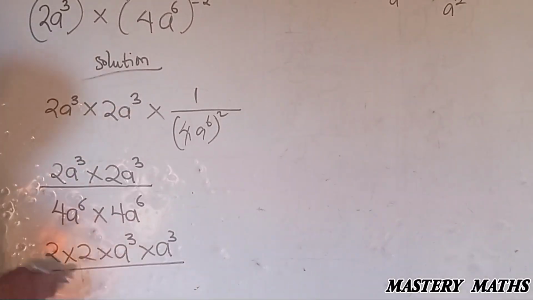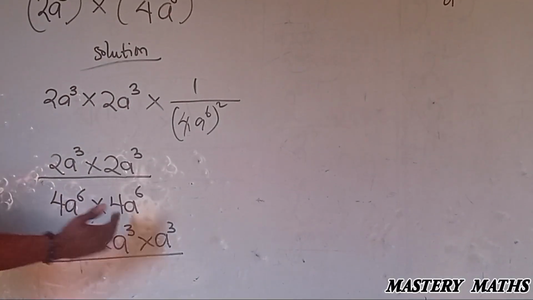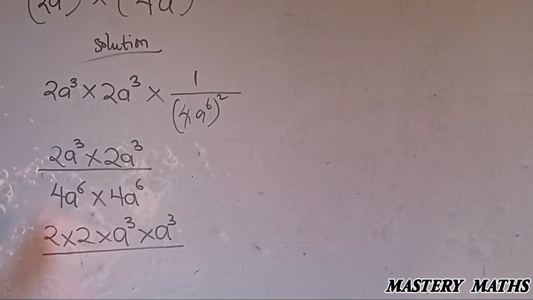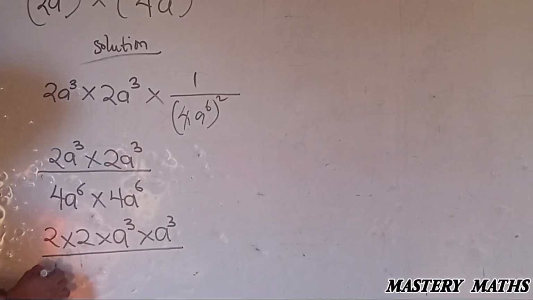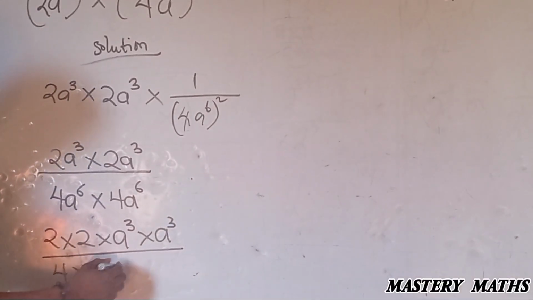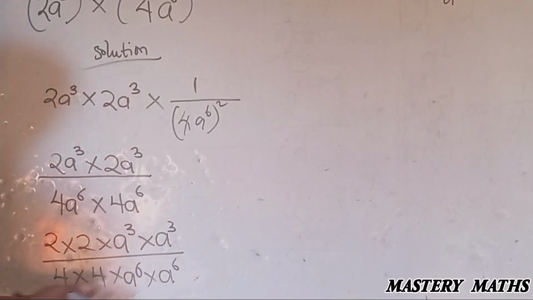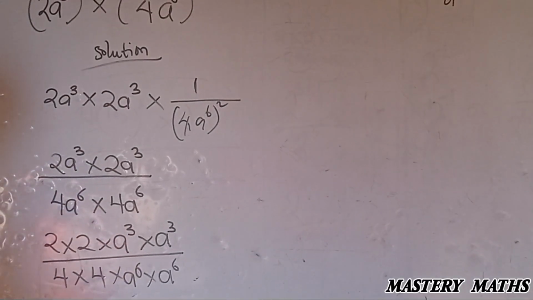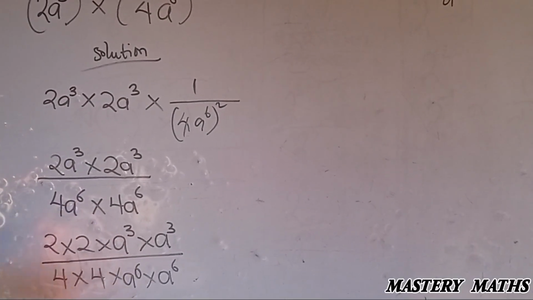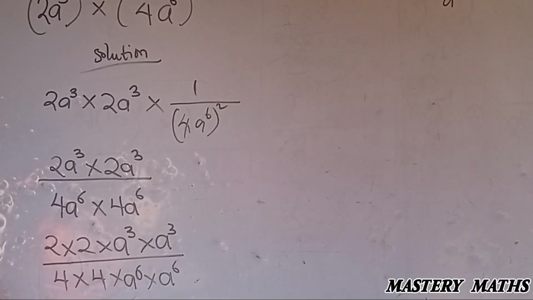The same thing we do under: we shift the coefficient 4 one side, so 4 times 4 times a^6 times a^6. You see it down? We've shifted it. After it has been shifted, we'll simplify.